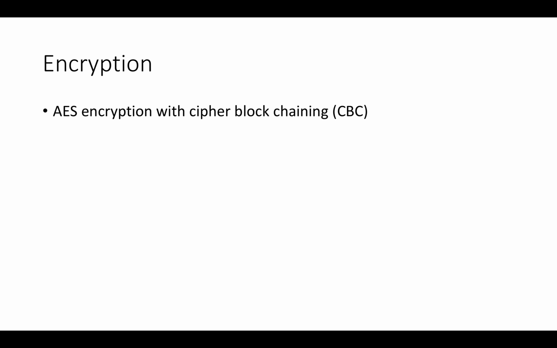Our encryption method implements the AES encryption algorithm with cipher block chaining. It is important to understand that in a real-world setting, you should not attempt to implement your own encryption unless you are an absolute expert and know what you are doing. Yet for demonstration and learning purposes, we have chosen to implement these algorithms manually.